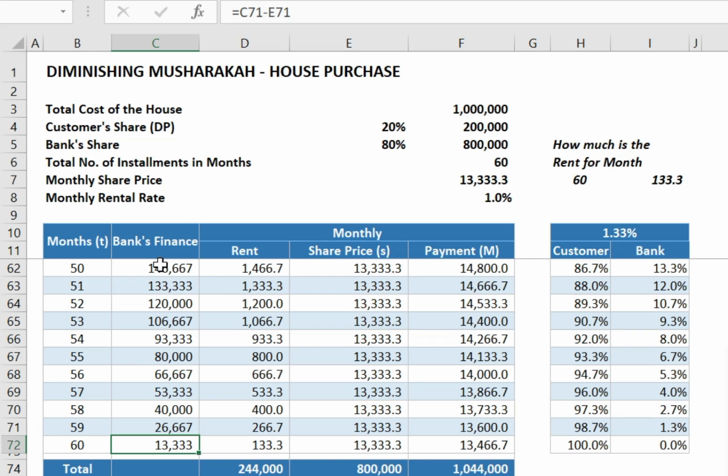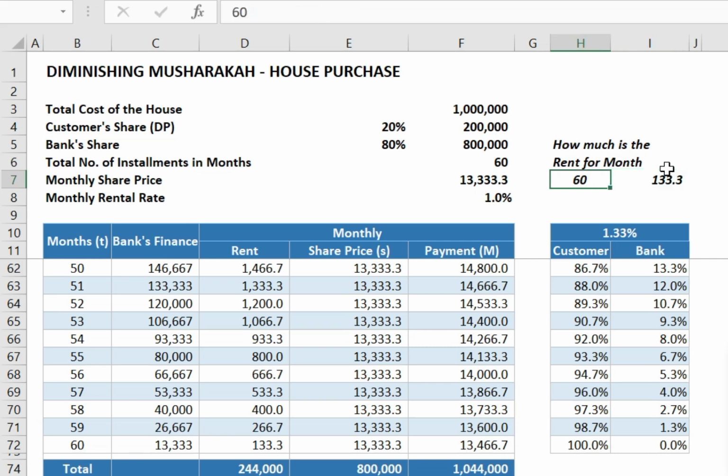And you can also keep track or monitor the customer's ownership interest and the bank interest. You can also see this formula. This is important to share with you, where you can simply determine how much is the rent for a month.